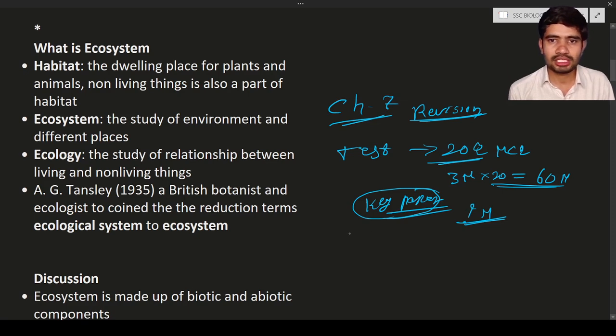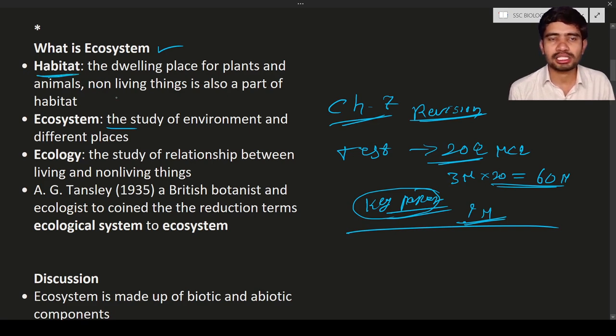So this is about the exam, and now we will discuss the ecosystem, in chapter 7. The first topic is the ecosystem. Ecosystem means the study of the environment and also the different places. Before we discuss the ecosystem, first we have to discuss the habitat.